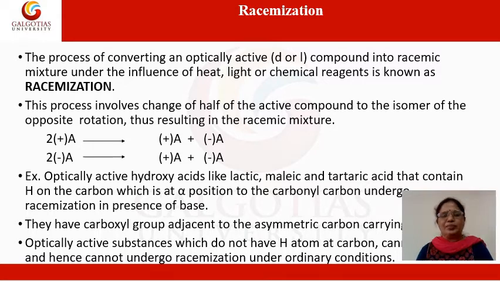For example, if we take any compound which is dextrorotatory, if we take 2 moles of A and carry out the reaction under the influence of suitable experimental conditions, then at the end of the reaction we can see that out of the 2 moles, 1 mole of the dextroisomer is converted into the levoisomer, and 1 mole is as such in the dextro form.